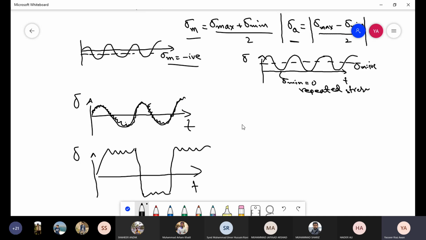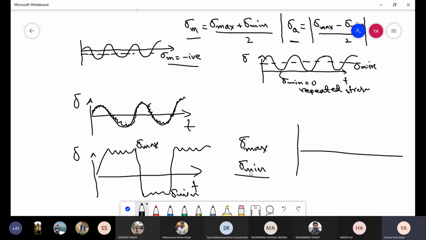And the answer is yes, because experiments have proven that it is not the exact shape or exact pattern of the stress change, but the maximum value and the minimum value of the stress that determines the fatigue crack growth. So in both these cases, by using the same value for maximum and minimum stresses, we can approximate the behavior using the sinusoidal pattern.